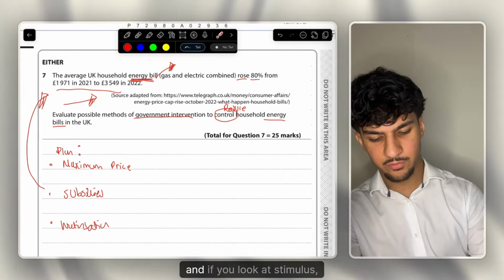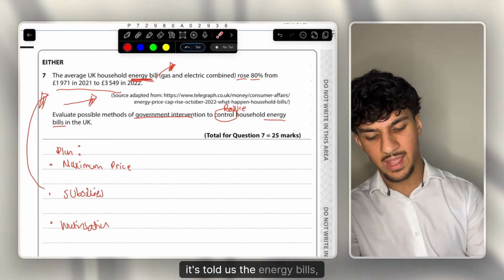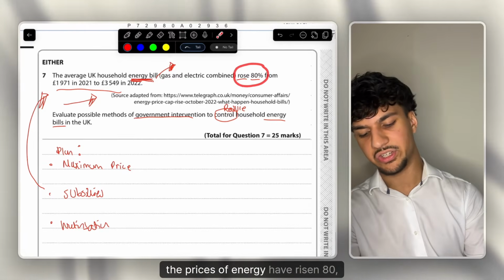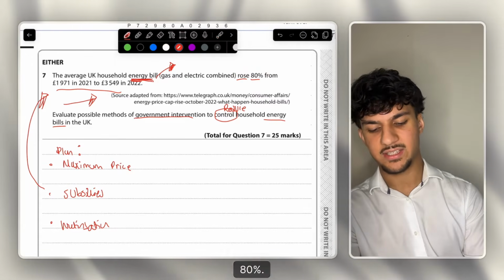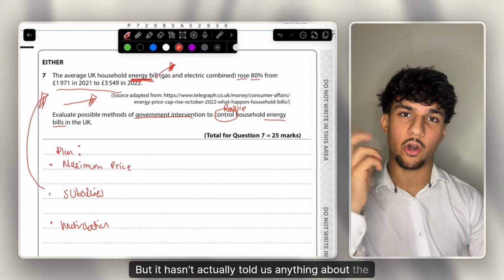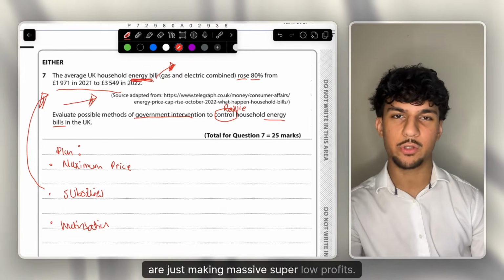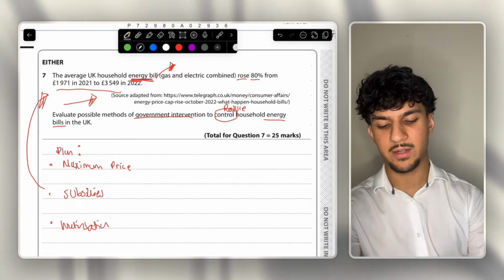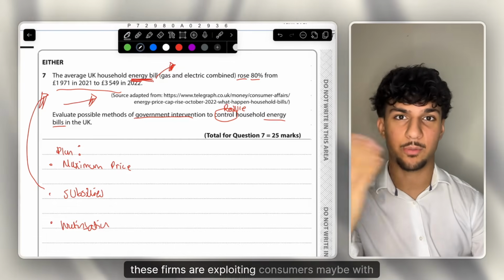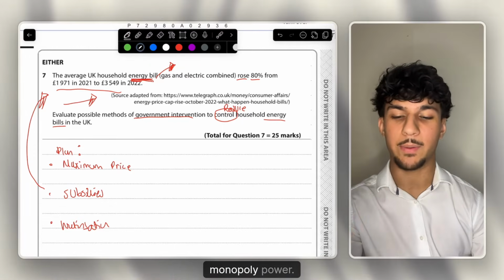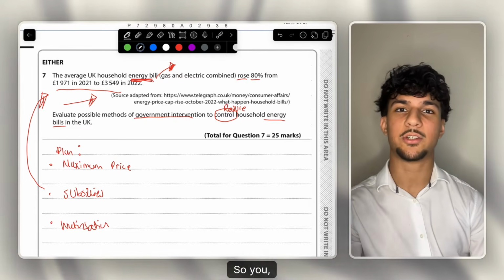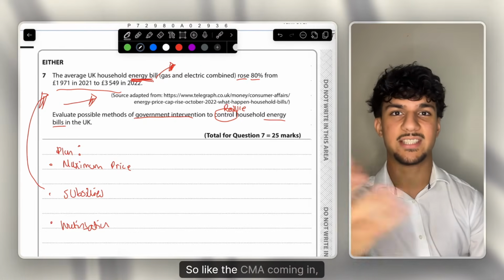If you look at the stimulus, it's told us that energy prices have risen 80%, but it hasn't told us anything about the costs. So that could technically mean these firms are making super low profits. Then you could talk about how these firms are exploiting consumers, maybe with monopoly power, and they 100% do have monopoly power. So you talk about levels of regulation, like the CMA coming in.